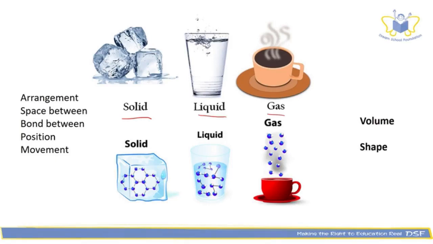Previously we have studied that matter is made up of tiny particles, right? So let us try and understand solids, liquids, and gases with respect to the particles they are made up of, and also see, based on certain characteristics, what we get to know about them. For example, let us look at the arrangement of particles, the space between the particles, the bond between these particles, the position and the movement of these particles, which decides whether a particular substance is a solid, liquid, or a gas.